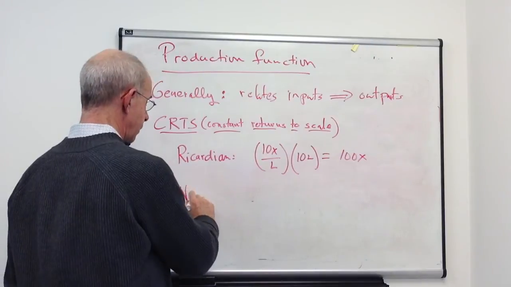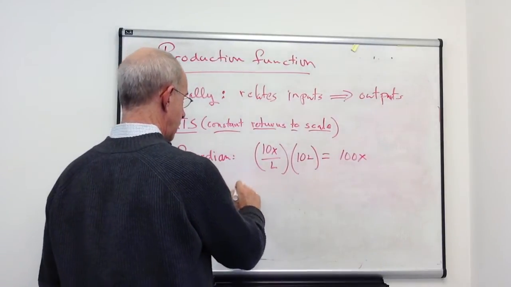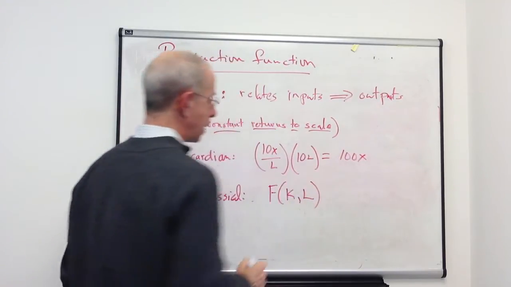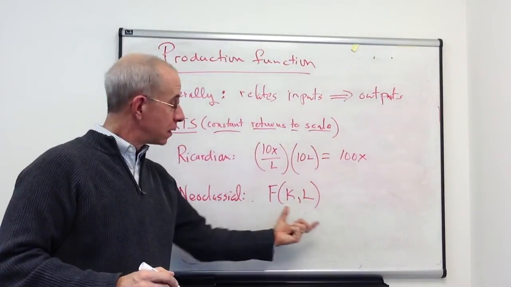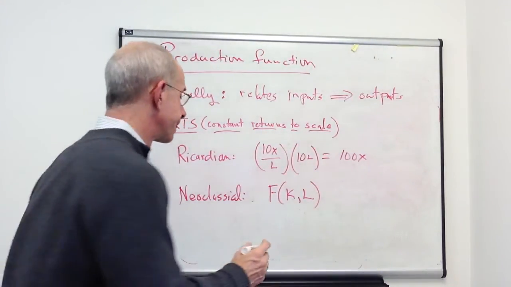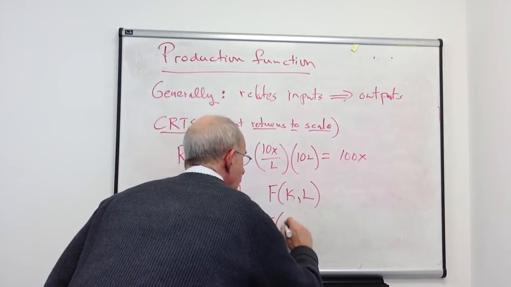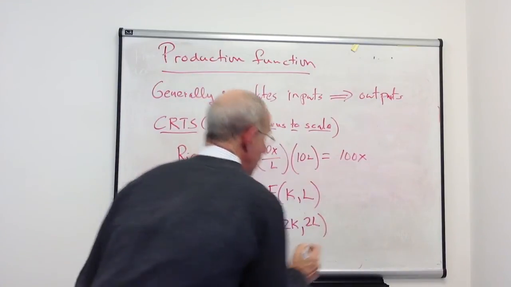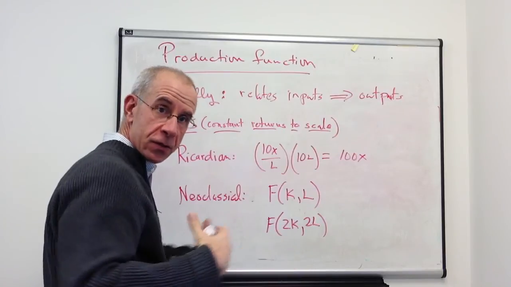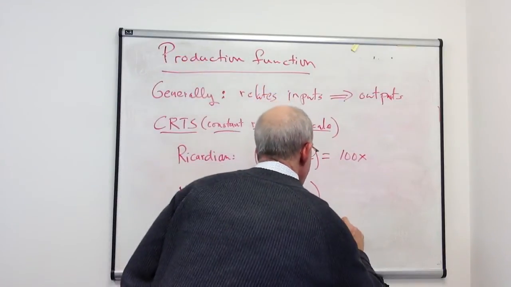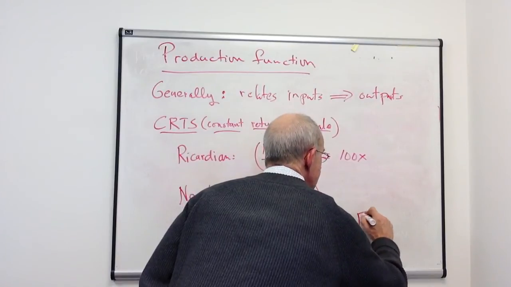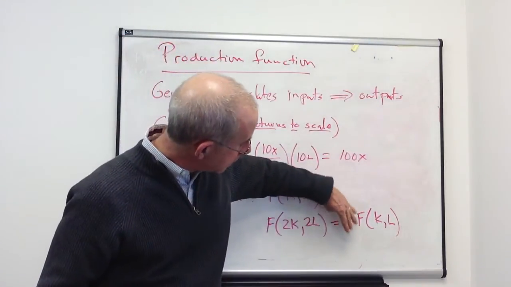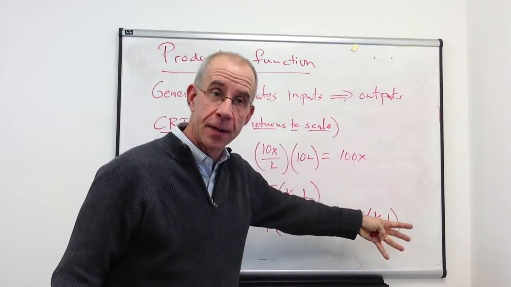And in the neoclassical framework, when we think about this production function and this very general depiction here, if we doubled the amount of capital and we doubled the amount of labor, so you're scaling up, then that would give you twice as much output as if you had just taken what you could originally produce and multiplied it by 2.